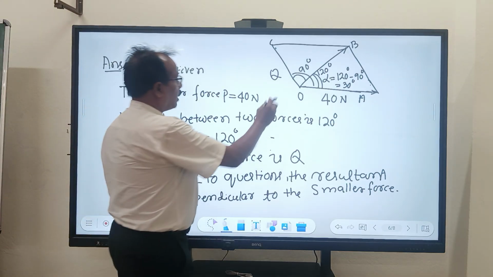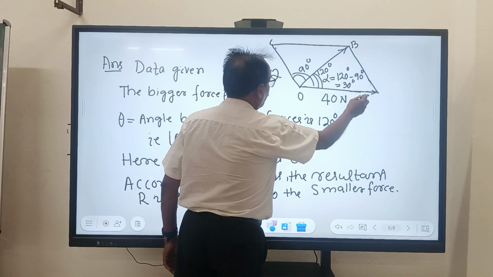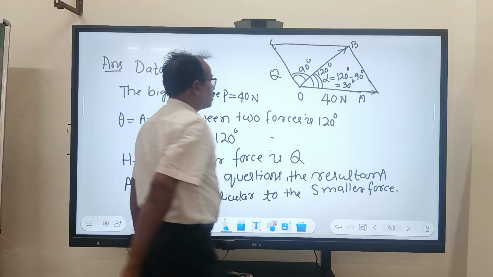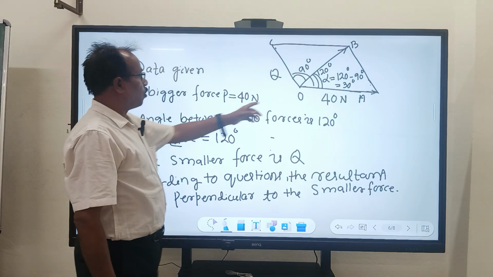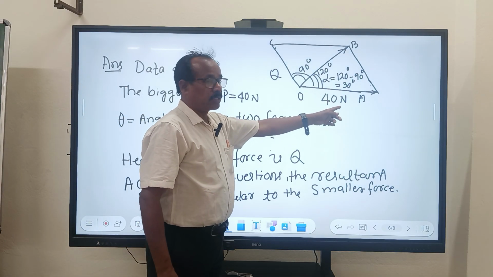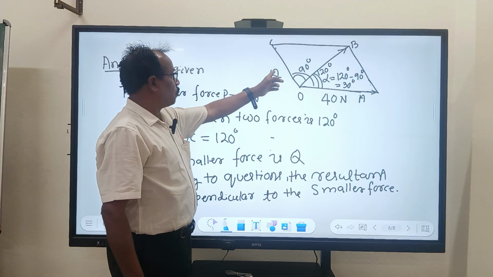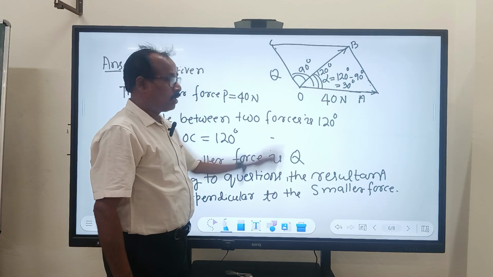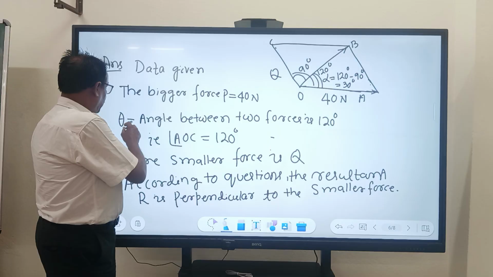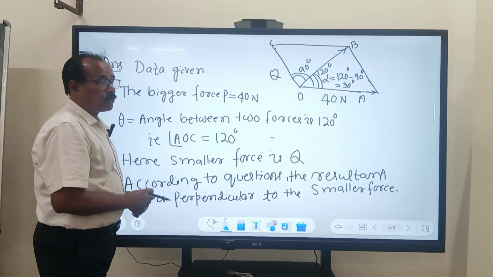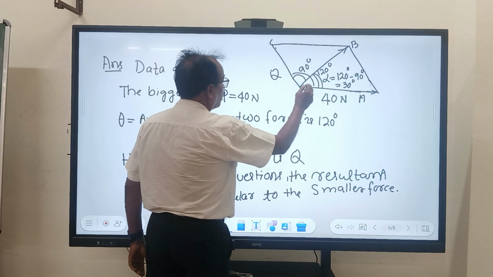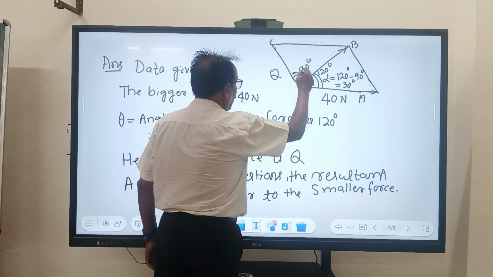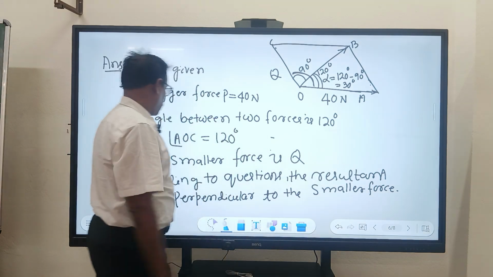This is the diagram. OABC is the parallelogram. Here the bigger force P is equal to 40 Newton. Smaller force is equal to Q. Then theta is the angle between the two forces, Q and 40, which is 120.